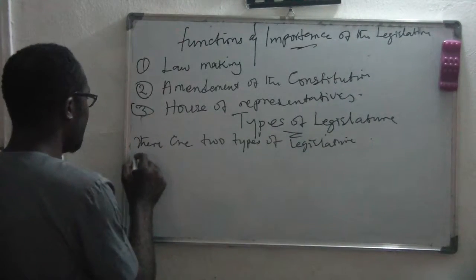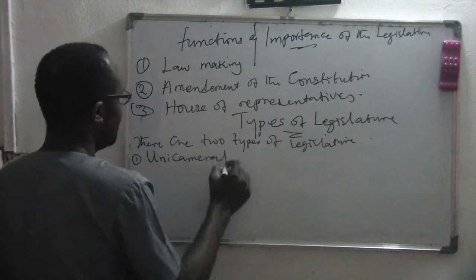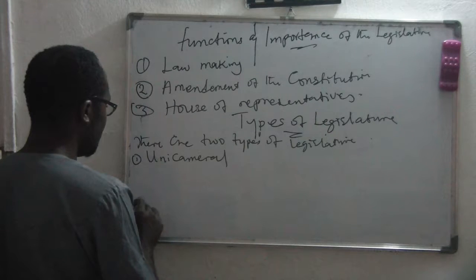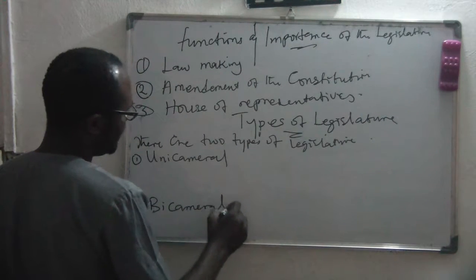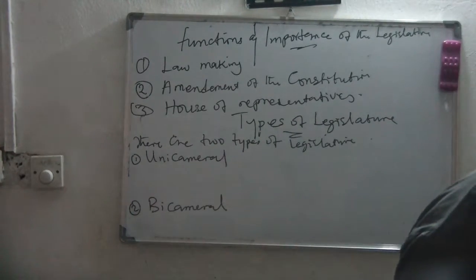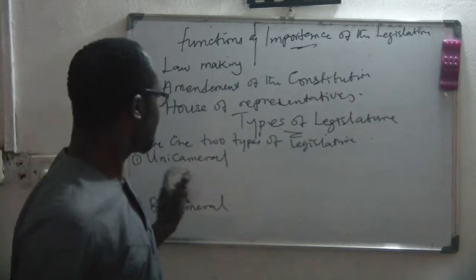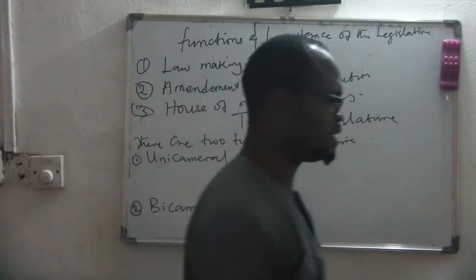We have number one, we call it the unicameral legislature, and number two, we call it the bicameral legislature. Two types of legislature: the unicameral legislature and the bicameral legislature.